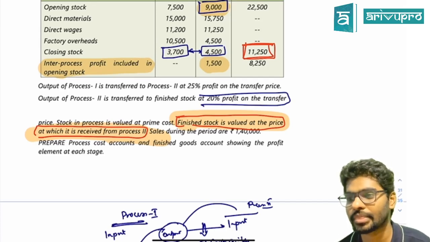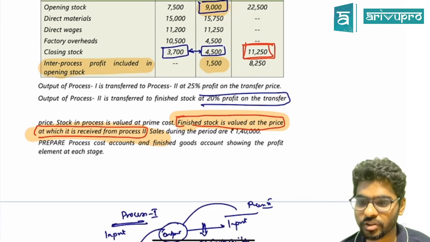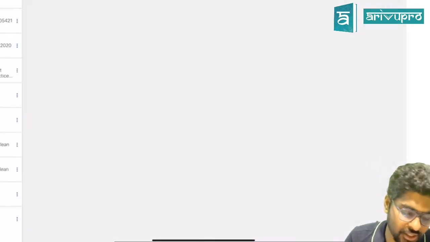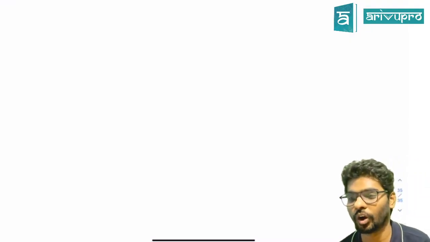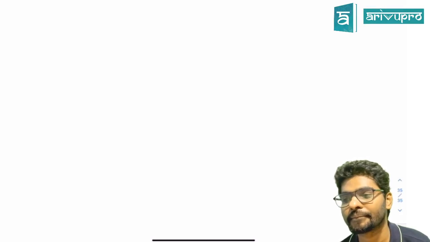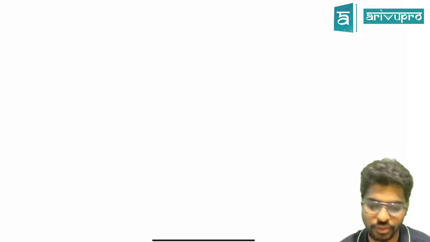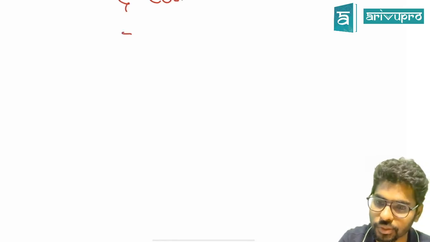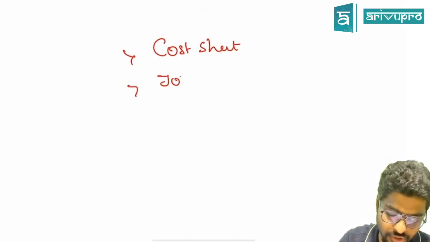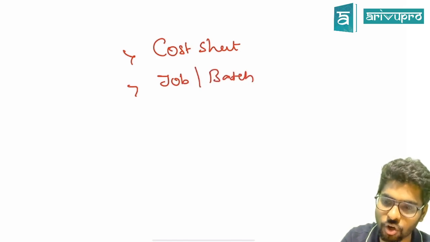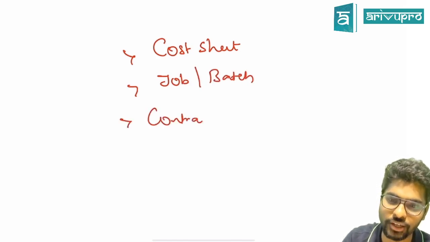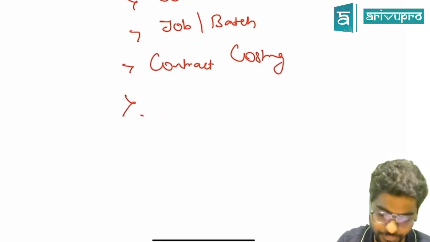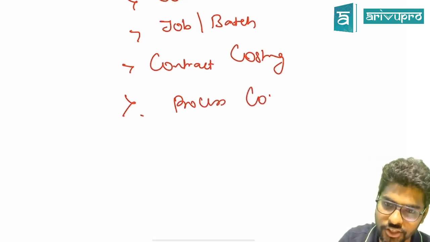Done? So guys, go back and do all your questions of the practice kit. So we are done this week with what all chapters? What all chapters did we do this week? We did cost sheet, job costing, batch costing, contract costing, then we did process costing.